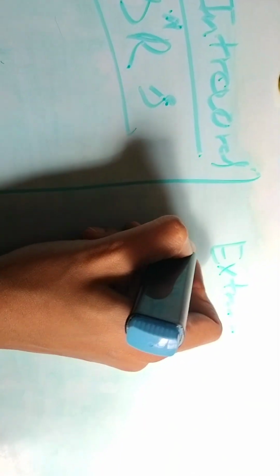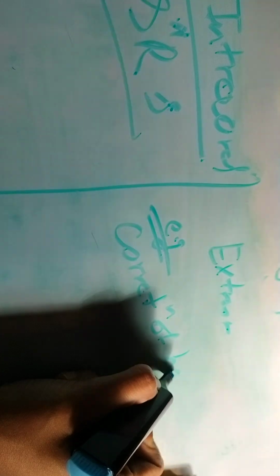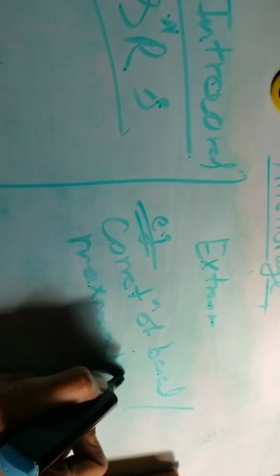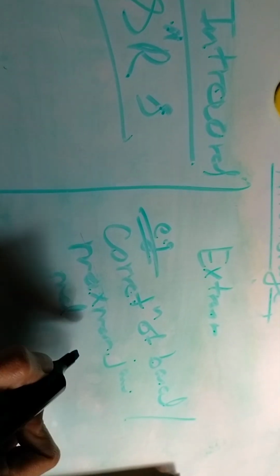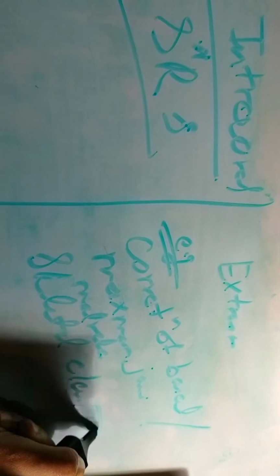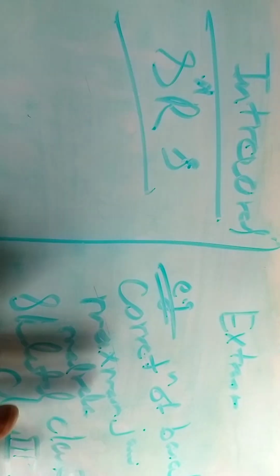The example of extraoral is the correction of basal or maxillomandibular jaw malrelationship, that is in skeletal class 2 and skeletal class 3 therapy.